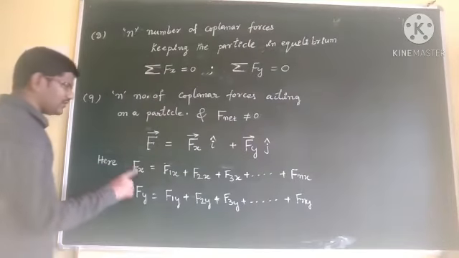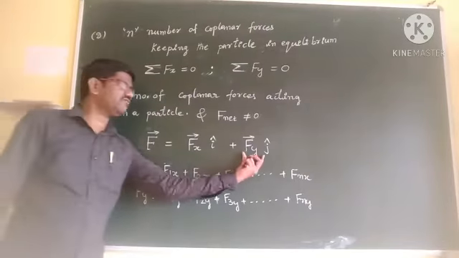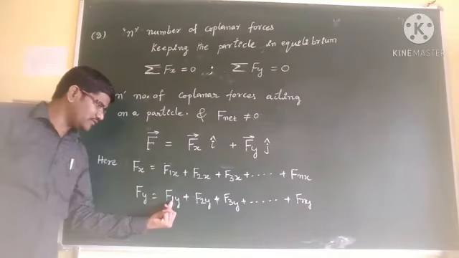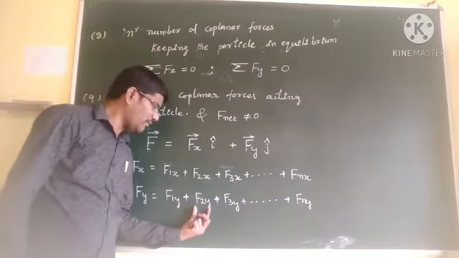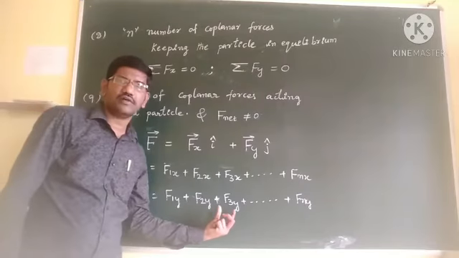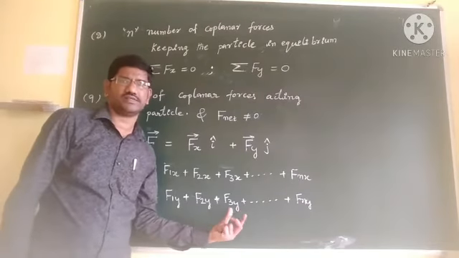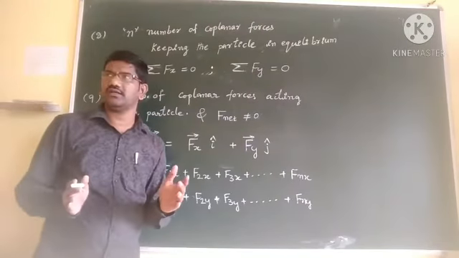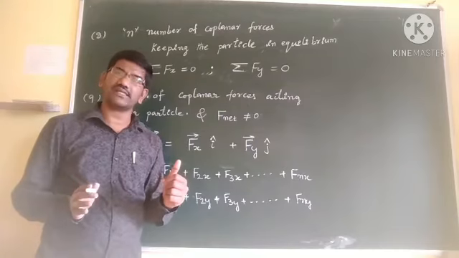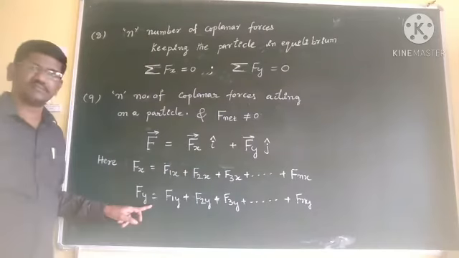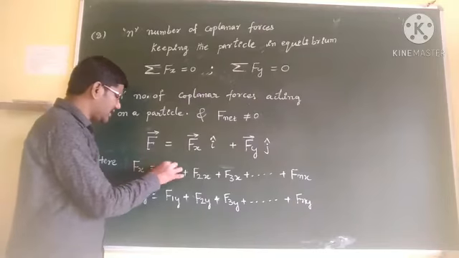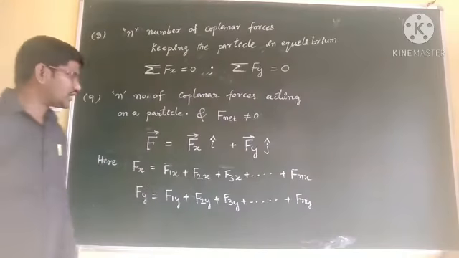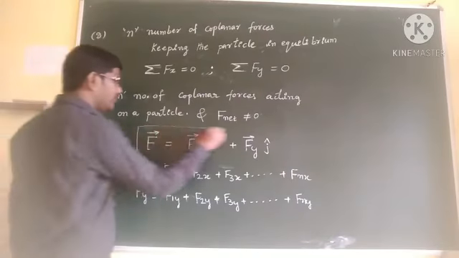This Fy value is the first vector component along the y axis, second vector component along the y axis, third vector component along the y axis. So we are writing the sum of all the vector components along the y axis, and the sum of all the vector components in the x direction also. Okay students, this is the net force.